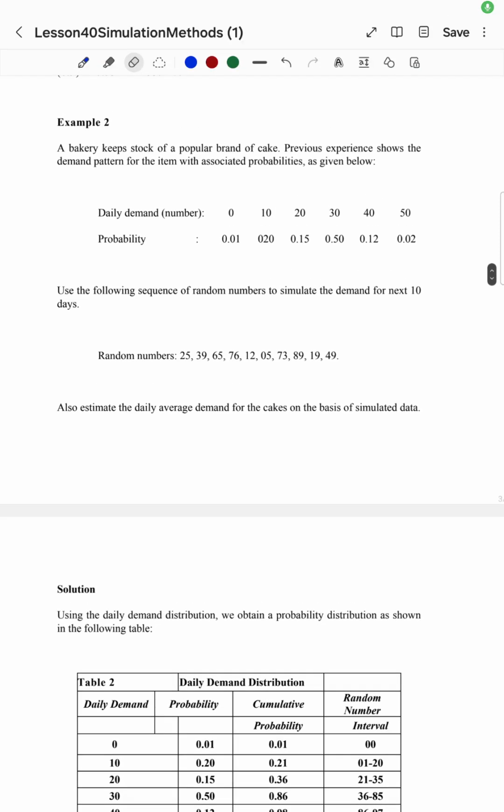Very good evening. So I would like to explain one more question on simulation. Before going to the example, I will give you the meaning of the word simulation. Simulation is a general word which might be used in every branch.